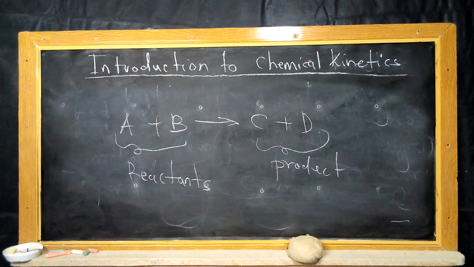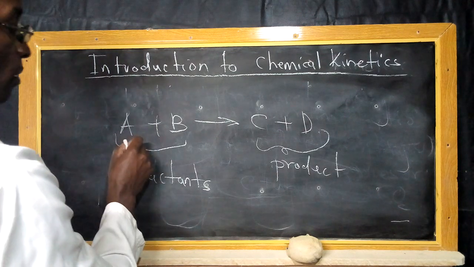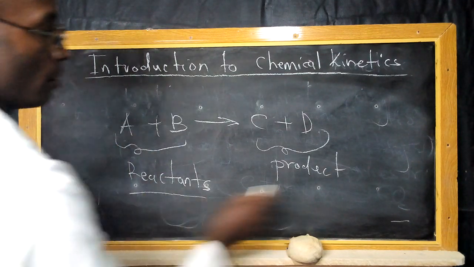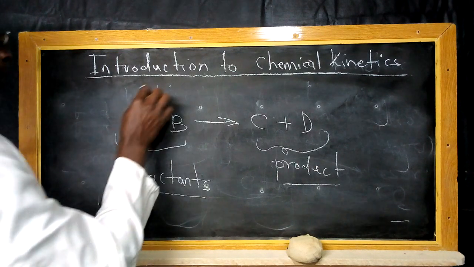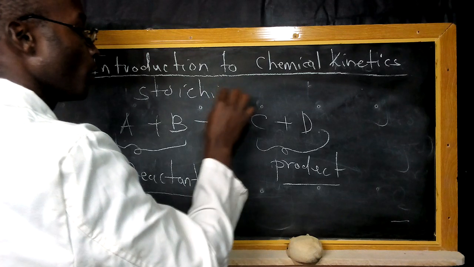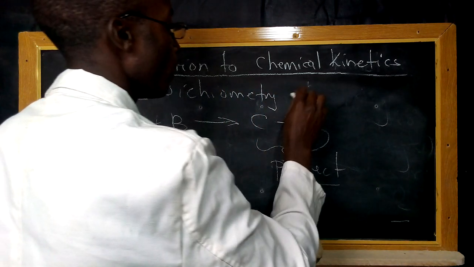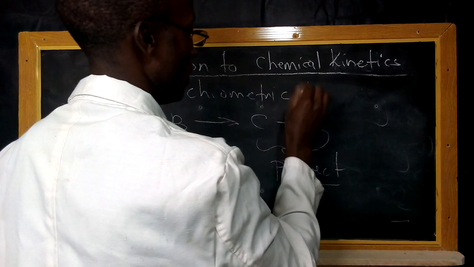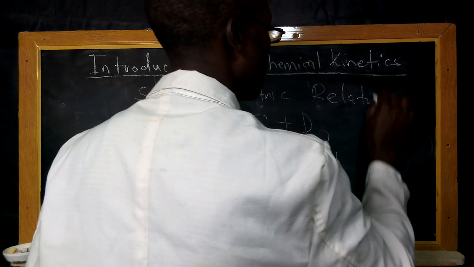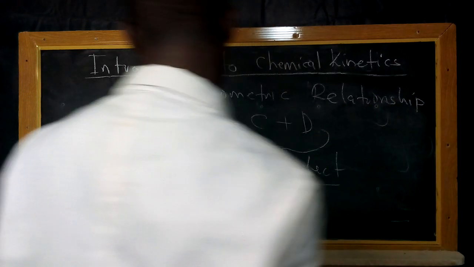So there is a relationship between the relative quantities of the substances which are taking part in this kind of a reaction in order to form products. So the ratio between the quantities on the reactant side and the products being formed is what we call a stoichiometric ratio, or stoichiometry. So it is a stoichiometric relationship between the reactants and the products.